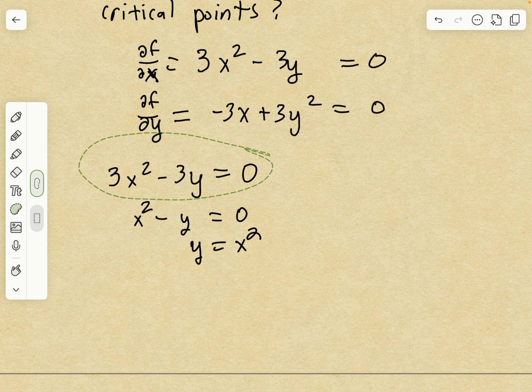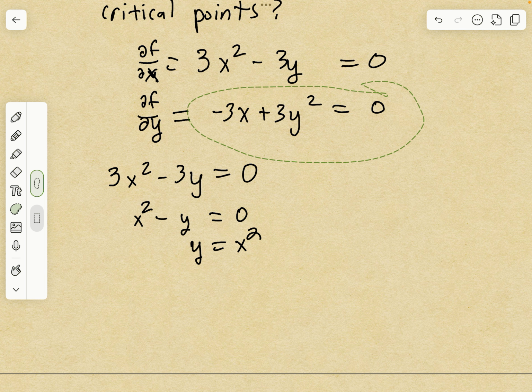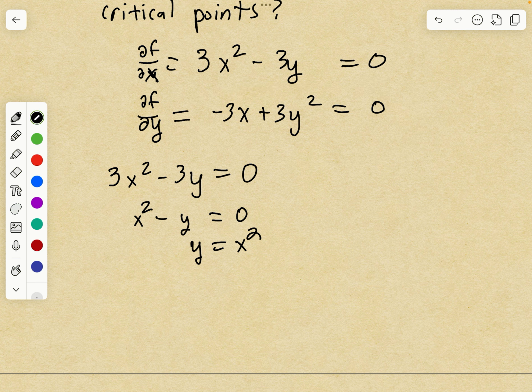So now we need to bring in the second equation, which is that we also have −3x + 3y² = 0. Now it might be tempting to do algebra, like factor out the 3 and do something with that equation, but what you want to do is plug this in there. You have y = x² and you substitute that y in there.